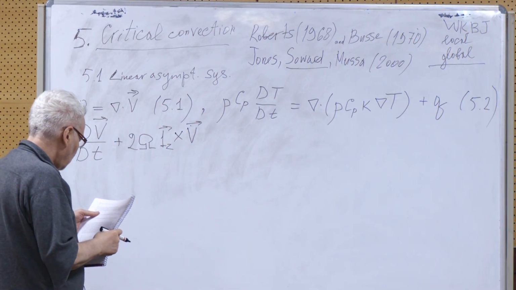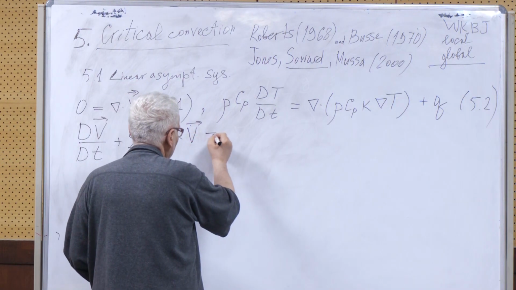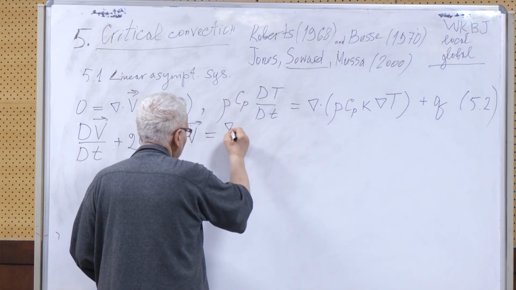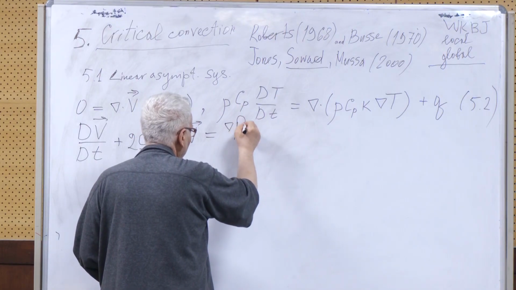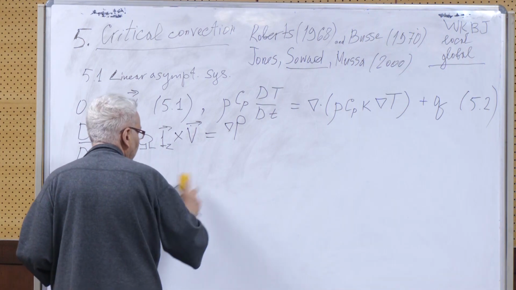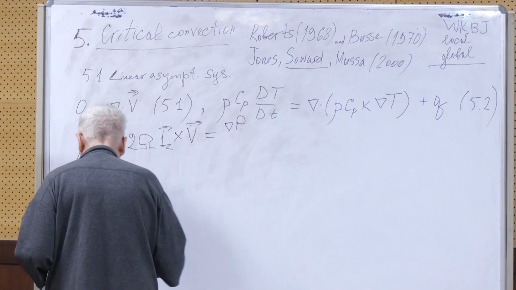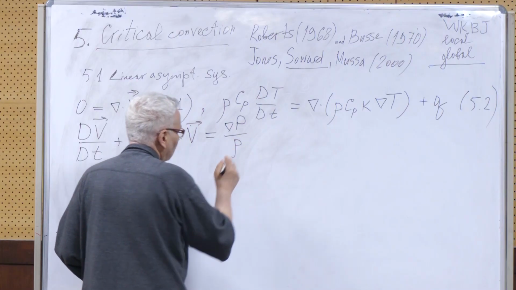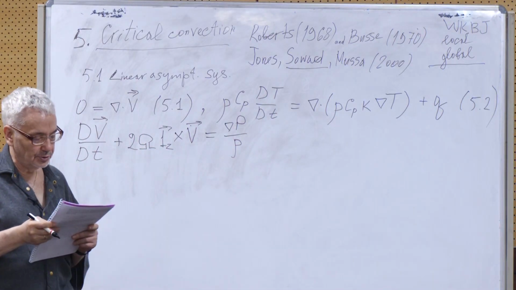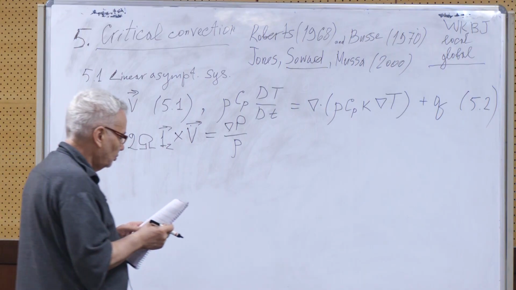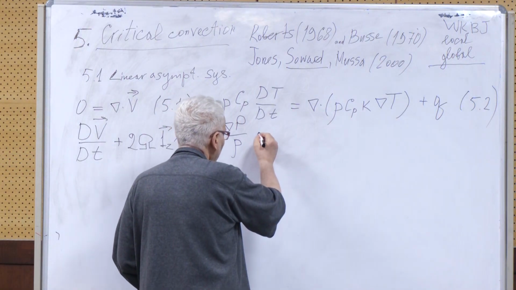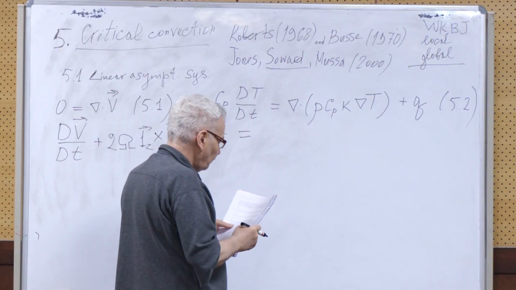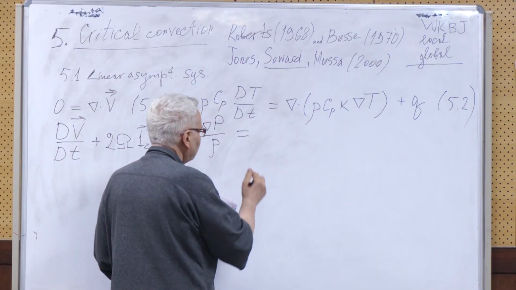Okay. And then there is a term like grad P, capital P. It's important to note that it's capital P over rho. Rho we regard as a constant; this is the density. And also we neglect all the components of velocity which are not working in this approximation.